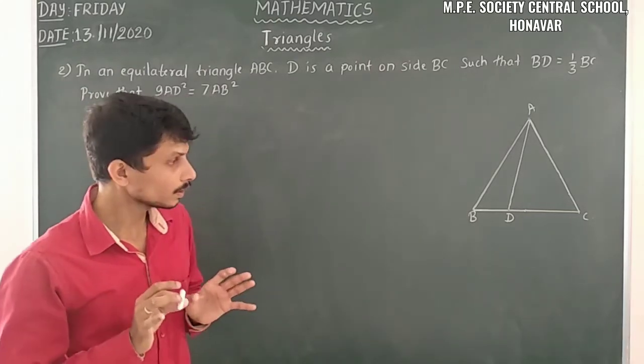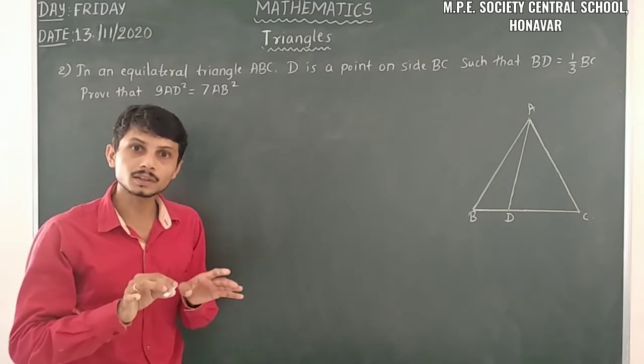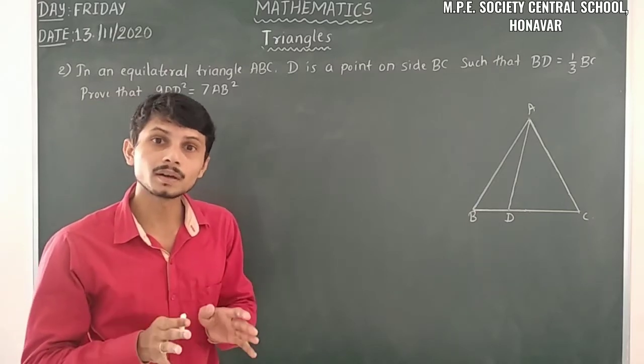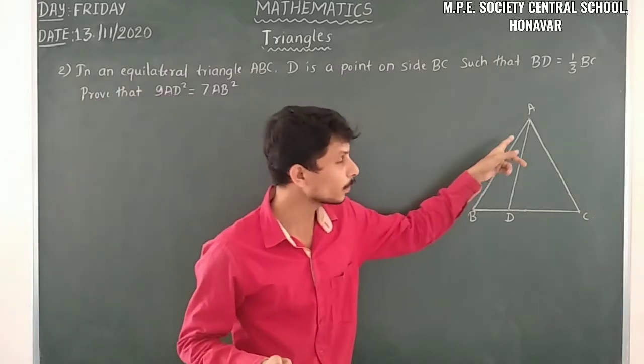Just observe, when the Pythagoras theorem is applied to any right angle triangle, we get hypotenuse square.